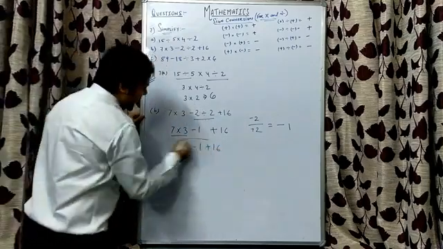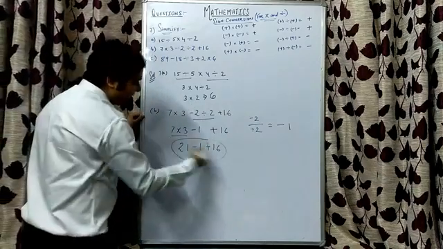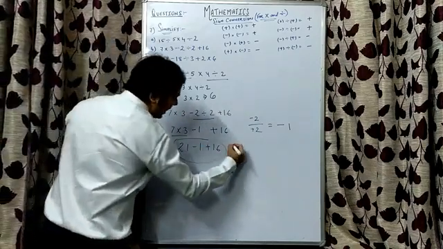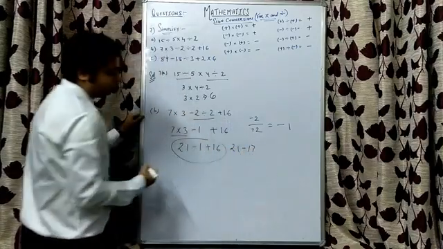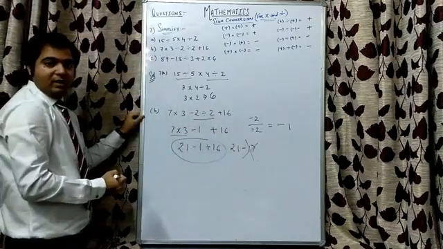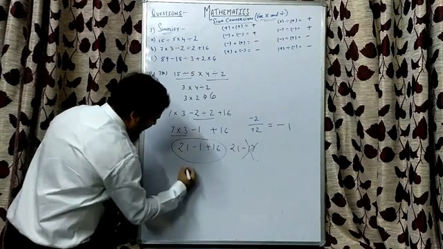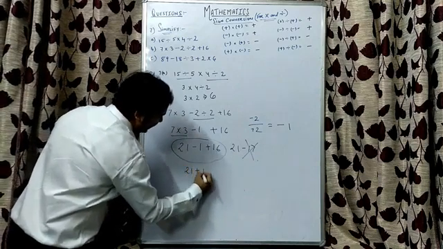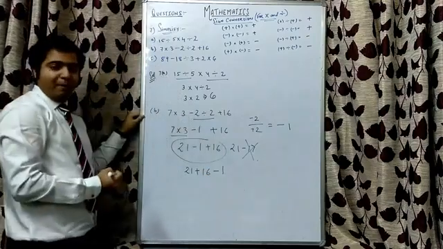At this step, children, a lot of error happens. Reason being, we misunderstand this and we solve it as 21, 16 plus 1 minus 17. Right? This is totally wrong. Why? Because 21 is having a plus sign. So 21 and 16 will be added first. Then we will subtract 1 from it.